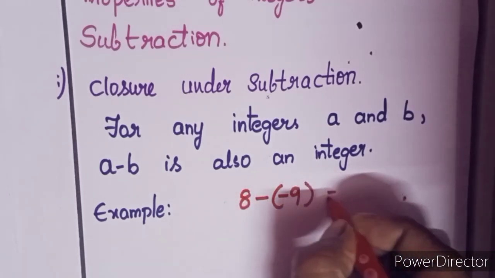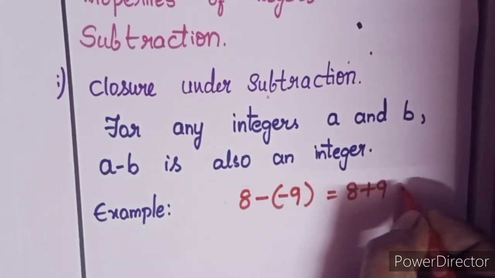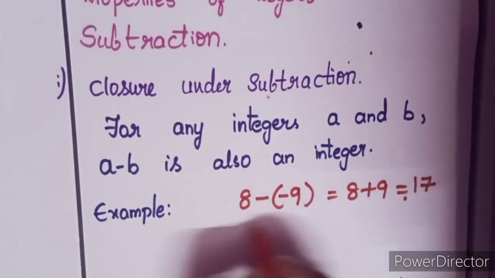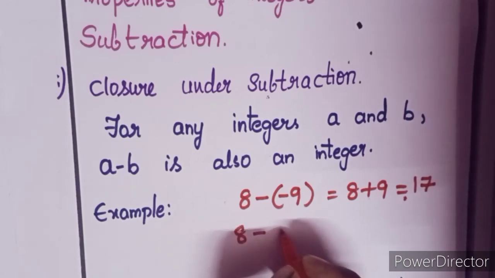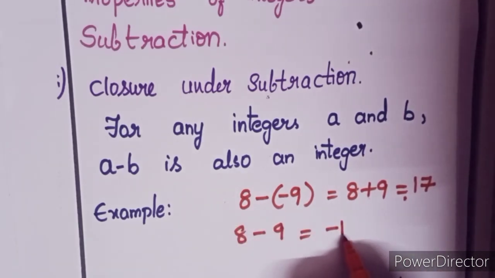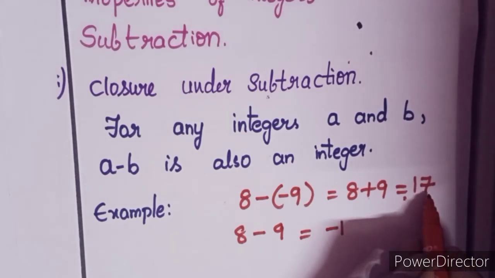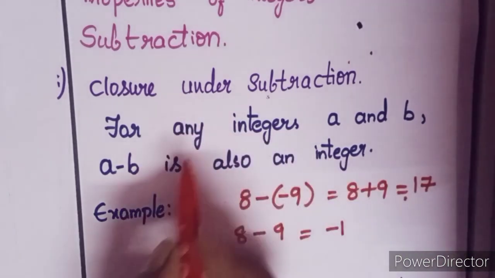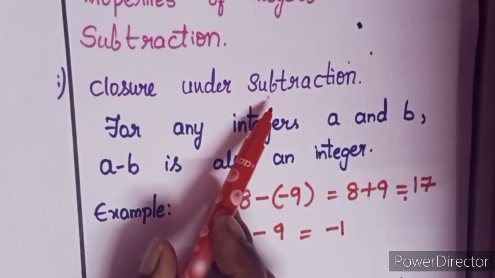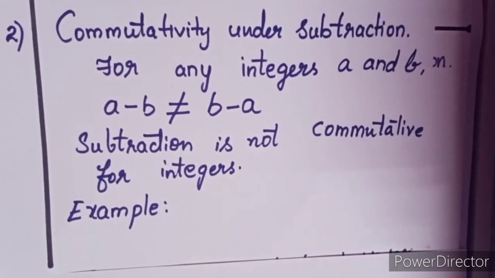So 8 minus of minus 9 is 8 plus 9, which is equal to 17. So 17 is an integer. Let us take 8 minus of plus 9. We get minus 1. So minus 1 is also an integer. Here 17 is also an integer. So the closure property is satisfied under subtraction of integers, children.